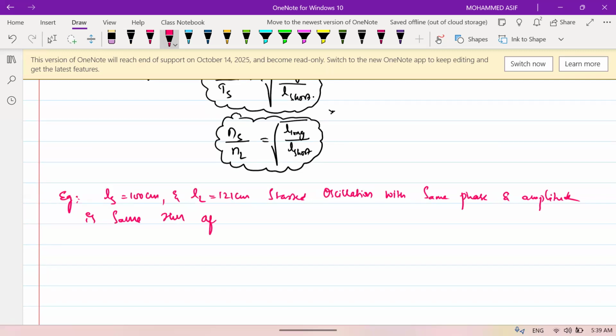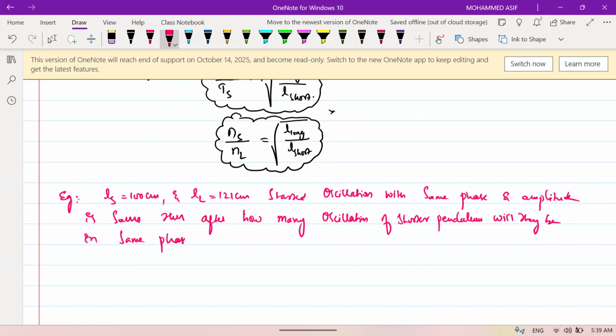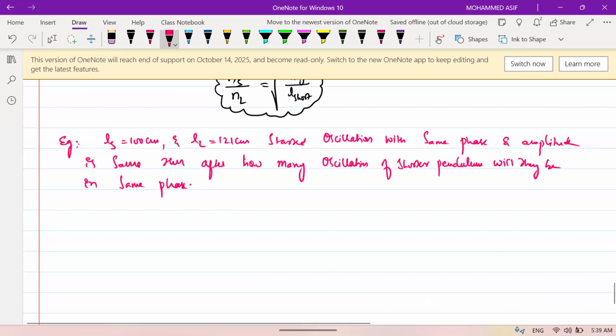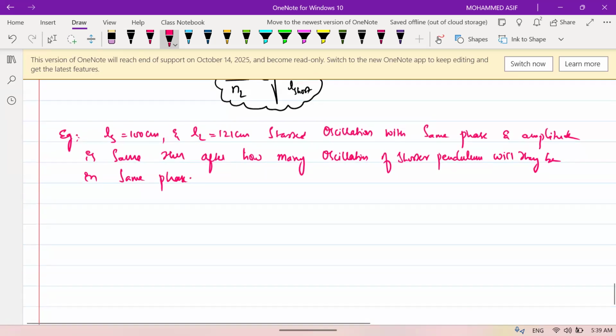Then after how many oscillations of the shorter pendulum will they be in the same phase? Okay. First length is given 100, another length is given as 121. They started oscillation with the same phase and amplitude is also same. Then after how many oscillations of shorter pendulum will they again be in the same phase is asked.